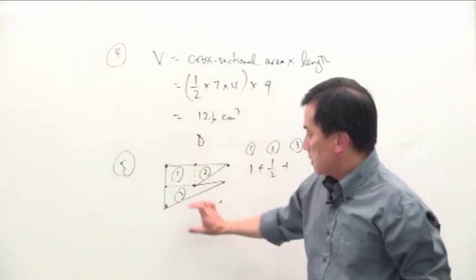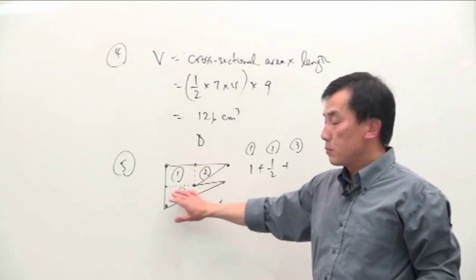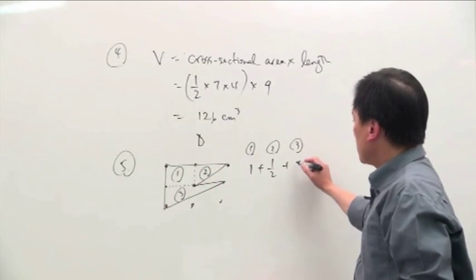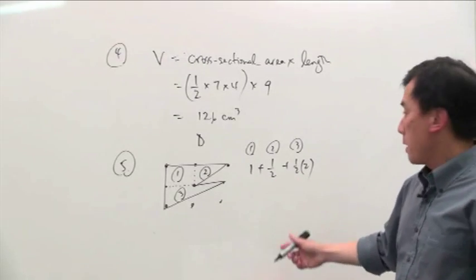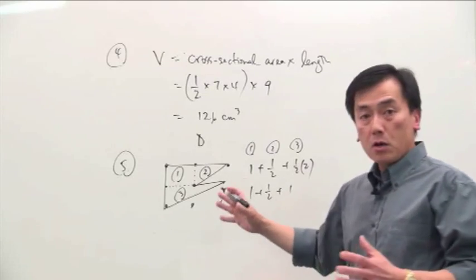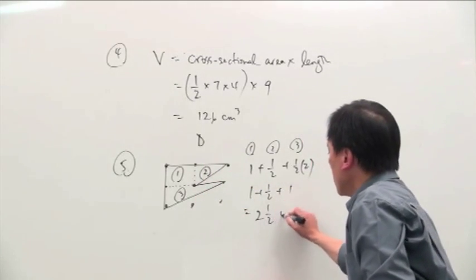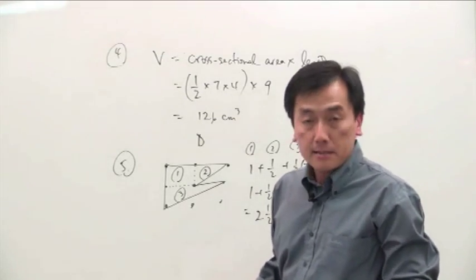That's going to be 2 units times 1. So that particular area is going to be 2 times 1, which is 2. Now that triangle is half of that, so it's going to be a half of 2. So that's going to be 1 unit square. So that's going to be 1 plus a half plus 1. So my total area for this particular shape would just be 2.5 units square. Okay, in this case, the answer is going to be C.